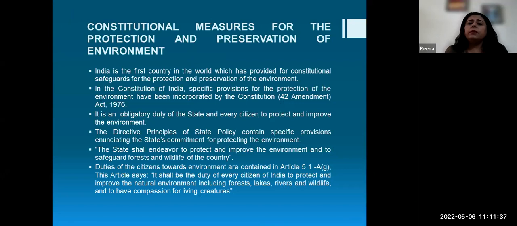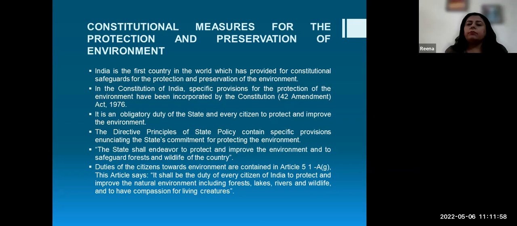Being the first country in the world which has provided for constitutional safeguards for the protection and preservation of the environment, our constitution has given specific provisions under the 42nd Amendment Act in 1976, under the Article 51A(g).